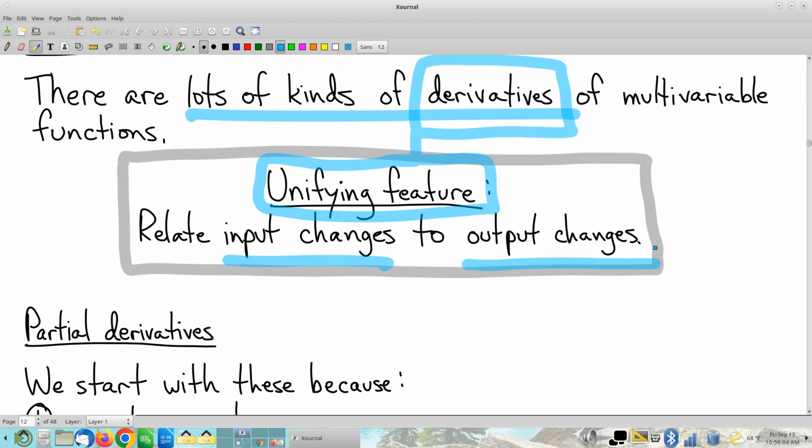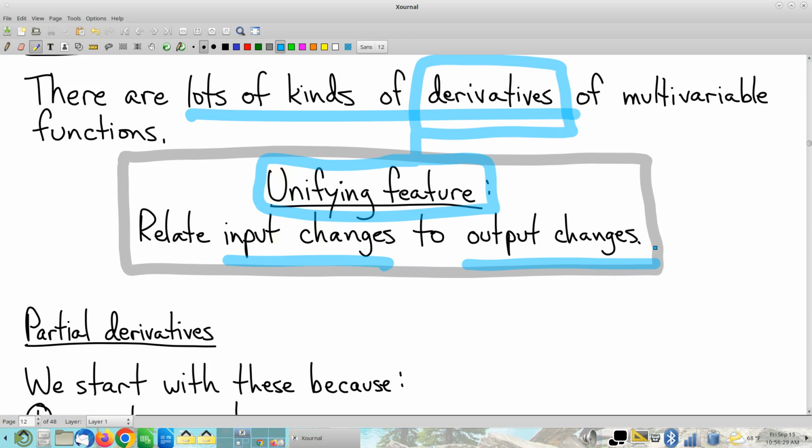Every interpretation you've ever had of derivatives in single variable calculus, there are different points of view you can take, of course, but the important unifying feature that all of those perspectives have is some sort of relationship between input changes and output changes. This is what's going to carry us forward with multivariable derivatives.